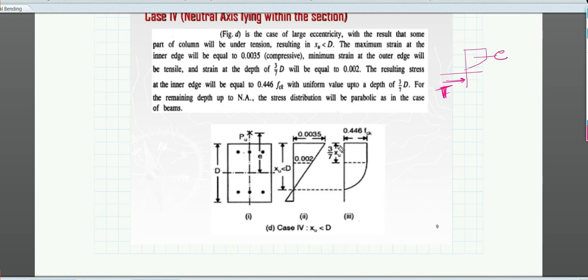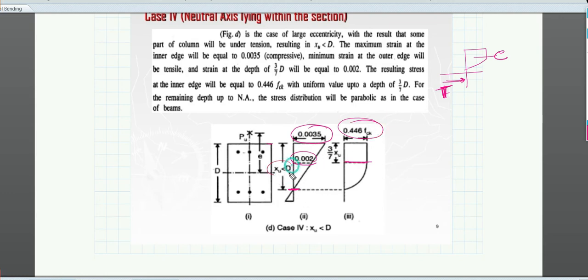What if the moment acts in such a way that it develops the neutral axis just inside the section? In that case, just like beams, we have the maximum strain 0.0035 at the edge, and 0.002 at the end of the rectangular section, and the maximum stress is 0.446 fck.